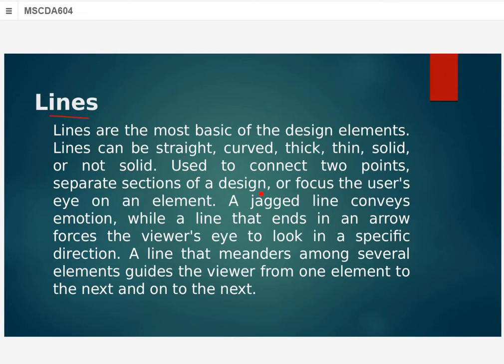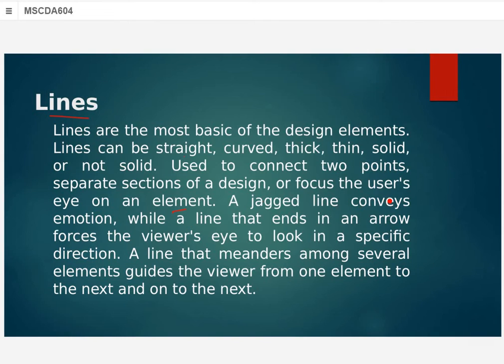So they are used to connect 2 points, separate sections of a design, or focus the user's eye on an element. So the way you design your line will enable the user to focus their eyes on that element or not.